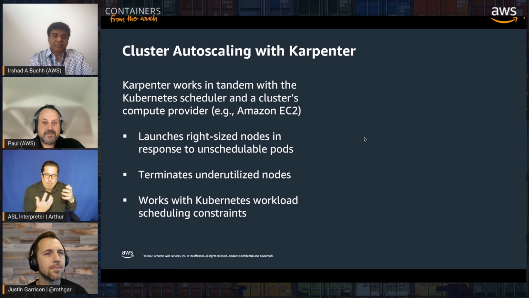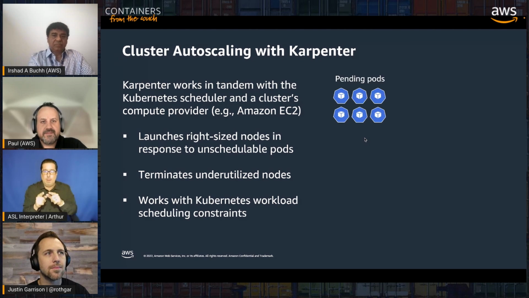And on the other side, if you have underutilized nodes, Karpenter's going to go ahead and terminate those. So it's going to make sure that you always have the right balance and that you're not overusing capacity. So let's start the build out here.